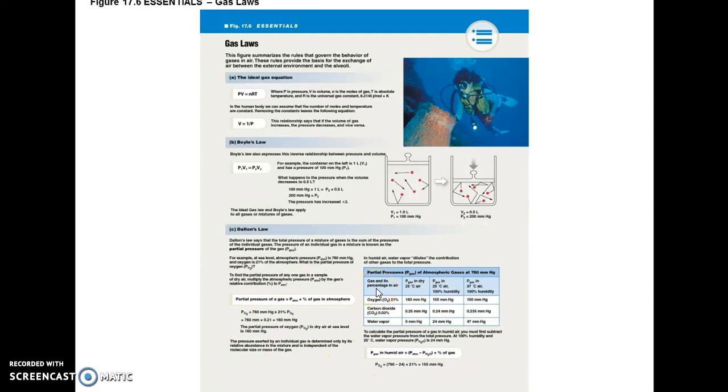At 37 degrees and 100% humidity in our lungs, it's more like 150 millimeters of mercury. So that's a little bit on Dalton's law.